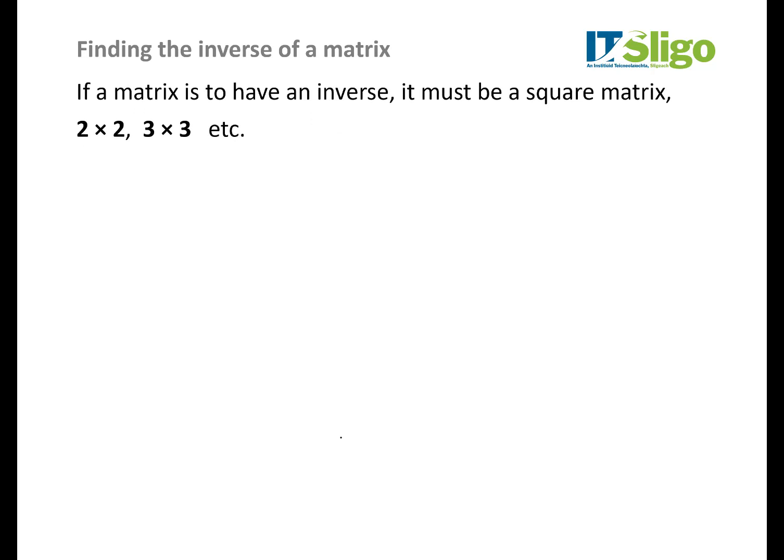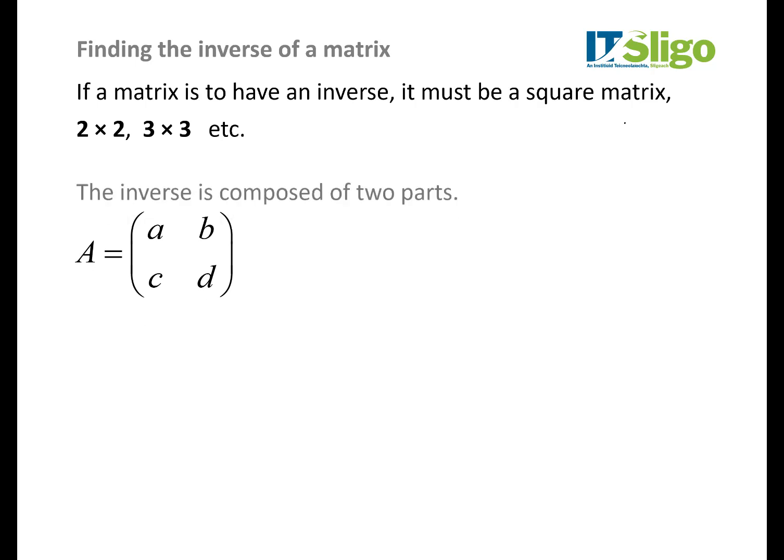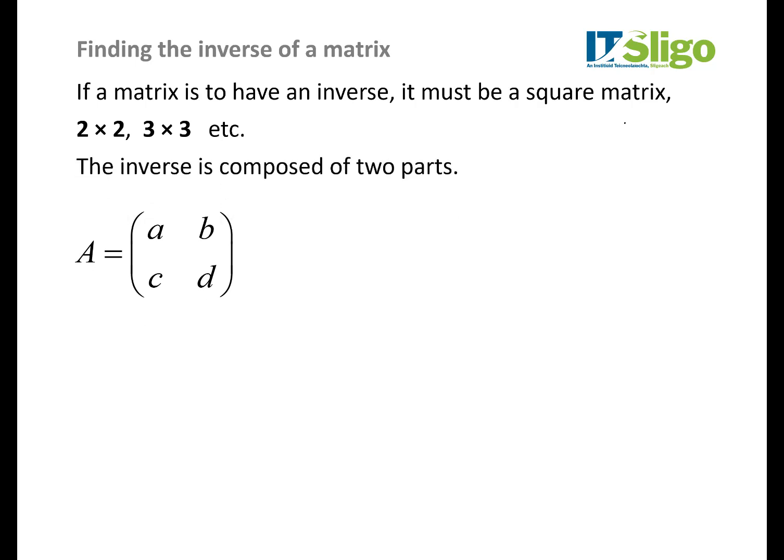So in order for a matrix to have an inverse, first of all, it must be square. So a 2 by 2, 3 by 3, 4 by 4 matrix. So here we have a matrix A. And essentially there's two parts to the inverse. Again, inverse is written with the -1 as a power.